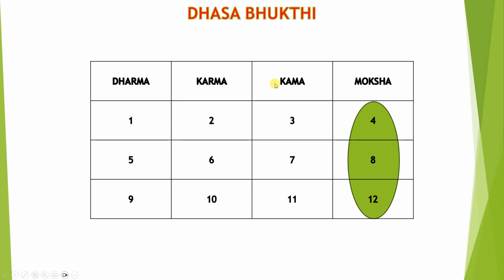So here the Moksha houses, the 4th, 8th and the 12th house, will obstruct the benefits of the Dasha Lord. If the Dasha Lord is in the 4th, 8th, 12th house to a particular bhava, then it will obstruct the benefit of the dasha to that particular bhava.